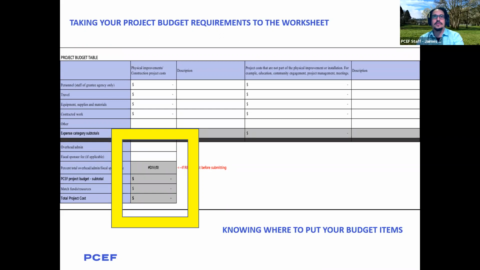Let's see. Answering a question from George Schimbauer. If I'm using a fiscal sponsor, does the personnel budget apply to the sponsor or to my company or organization doing most of the work?